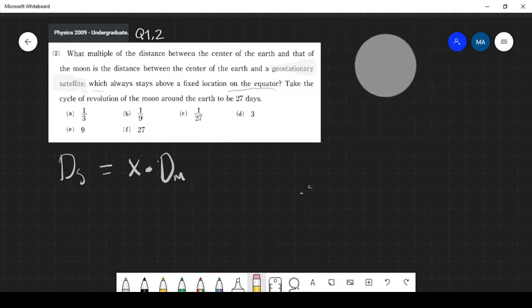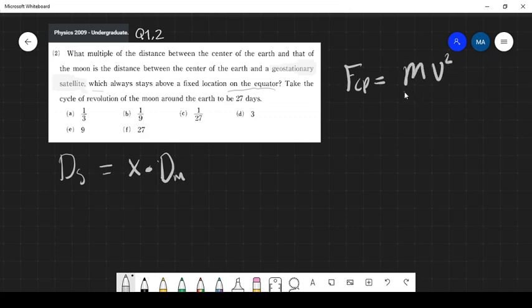But for this, when he gives you forces and circular motion, what you need to know is that in a circular motion, you have a centripetal force, which is given by mv squared divided by r, and you can write v equal to wr, where w is the angular velocity.